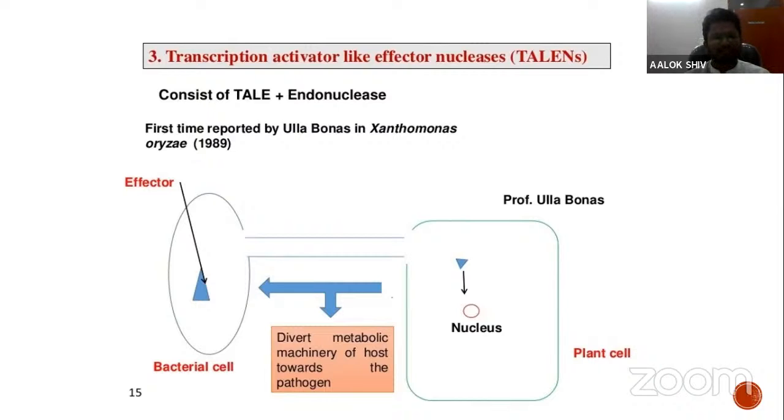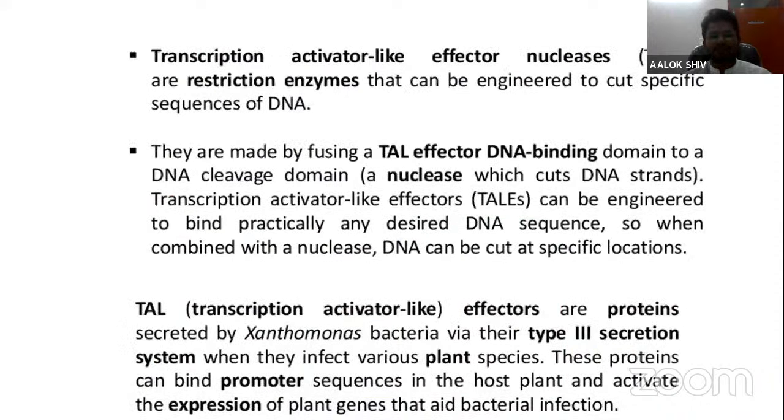As I've told you earlier, there are two different units. One unit is going to identify the gene of interest, and the other unit is going to cut. So here in this case, the unit which is going to identify is the TAL effector protein, and then the nuclease is maybe the same FokI endonuclease.